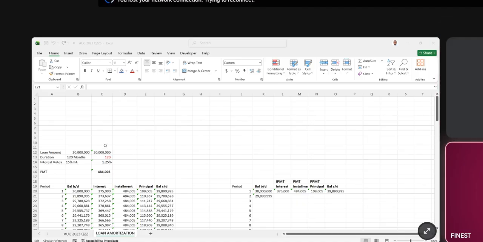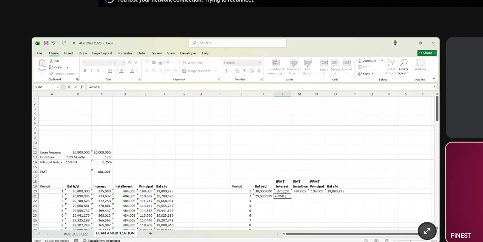It's the installment. The IPMT keeps varying. The rate remains constant.